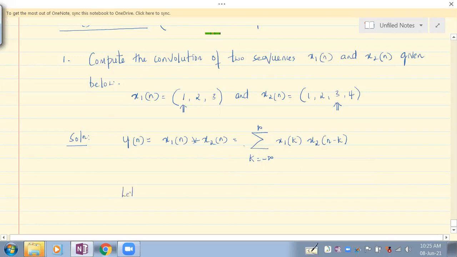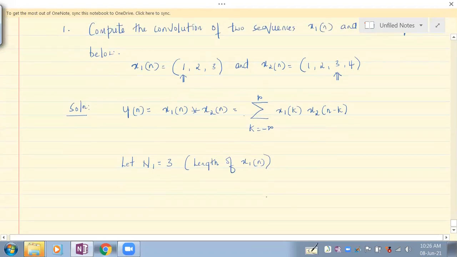So let n1 equal 3. This is the length of x1 of n. Then n2 is the length of the second signal, x2 of n, which is 4.